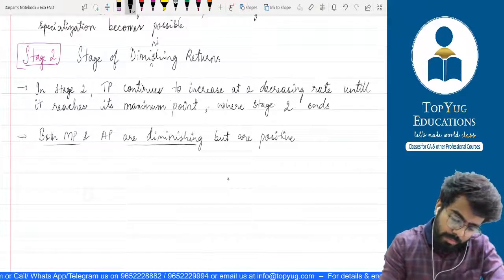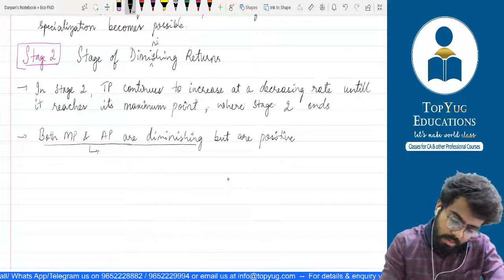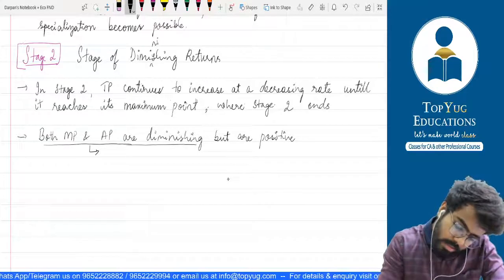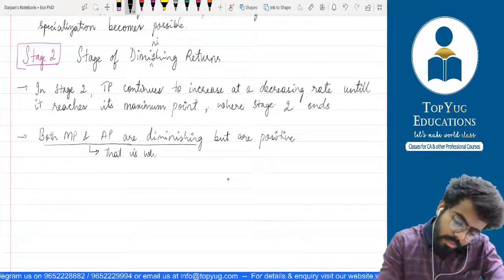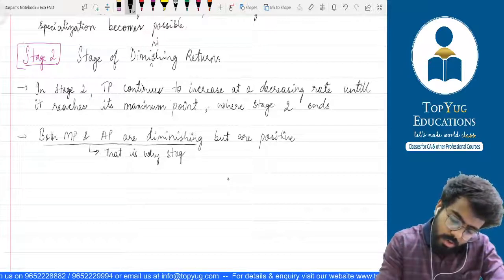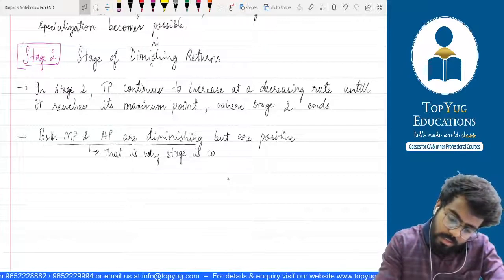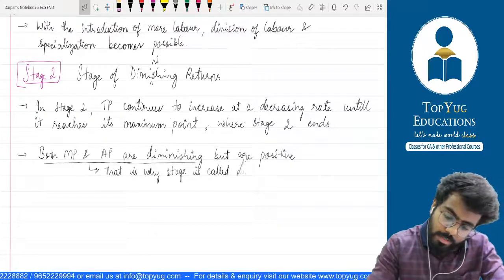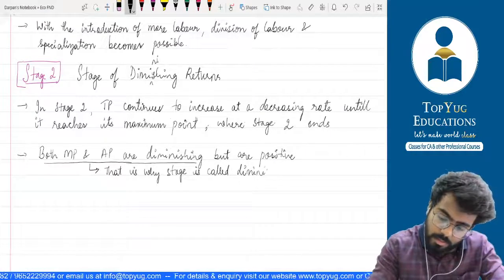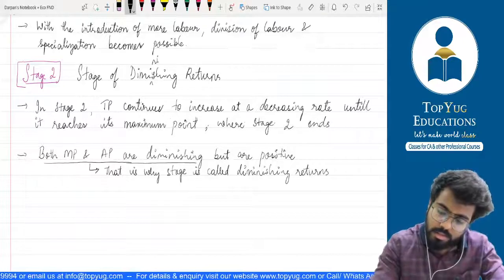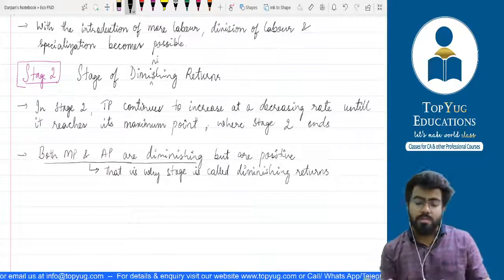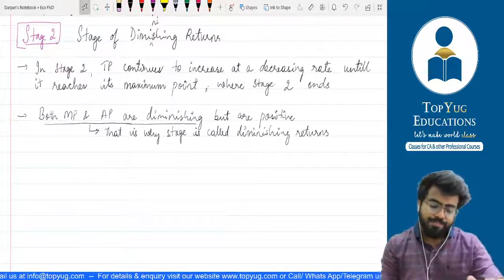You can underline: both AP and MP are diminishing. That is why this stage is called diminishing returns. This is the reason why this stage is called diminishing returns.